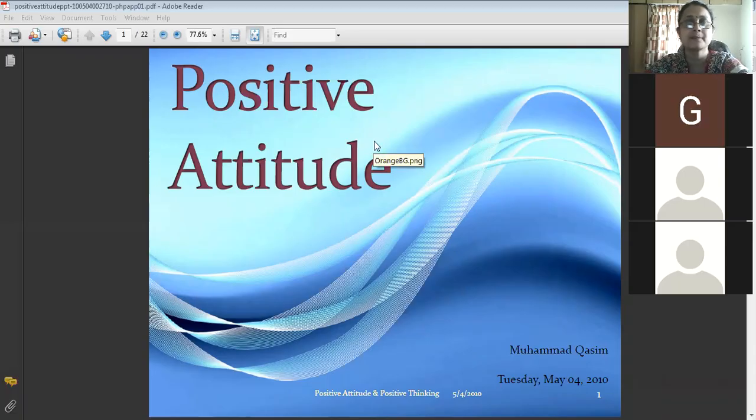Yes, I agree. Anything else that you experienced as a positive attitude? Even that, for that matter, you can remember the story of the frogs that we shared in the last class, the story by Sudha Murthy.